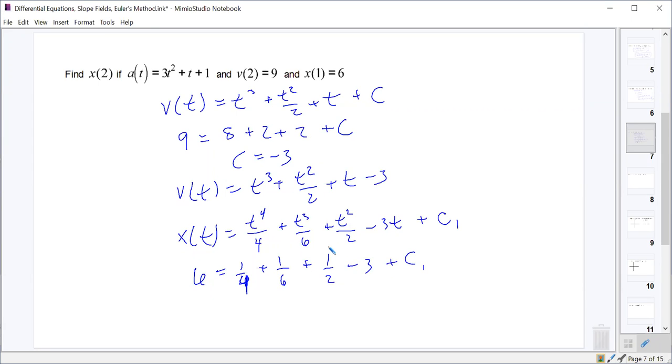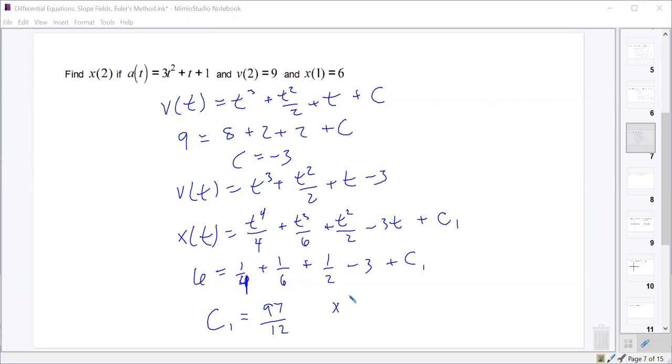We ended up with 9 minus a 4th plus a 6th plus a half, so 9 minus 11/12 if we combine all those together. So I think constant 1 comes out to be 97/12. Is that what you got there? Yes. Cool.